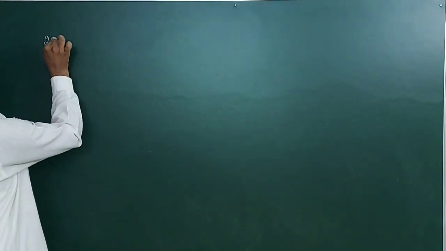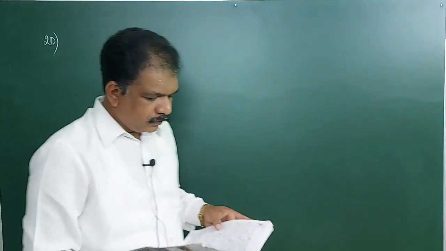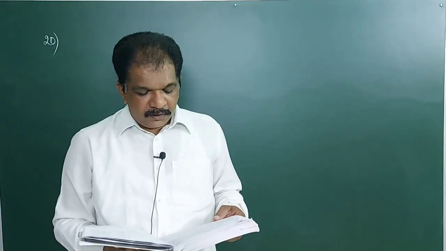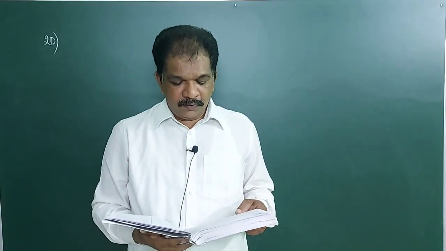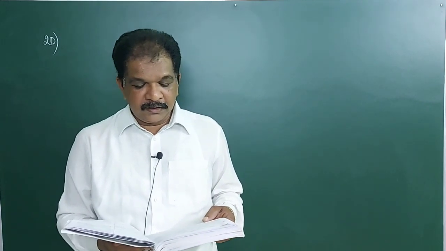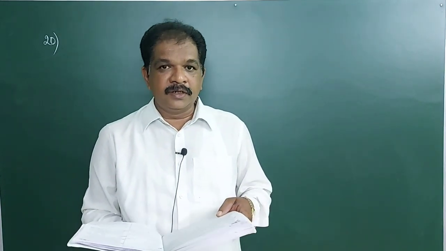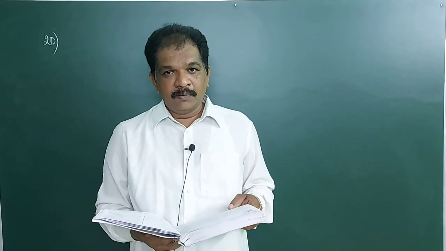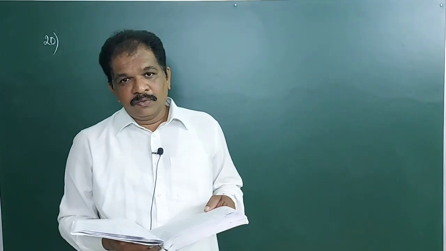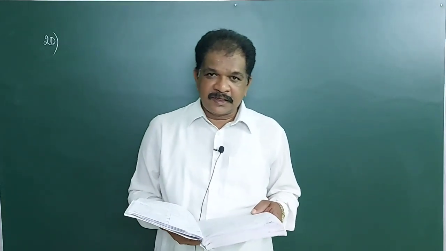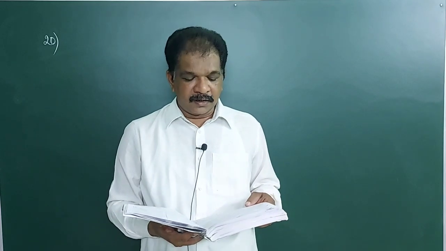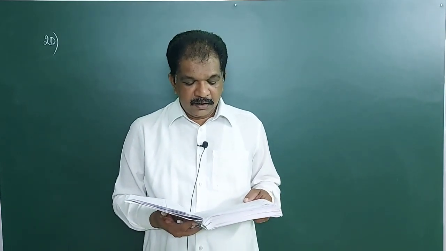What they are asking, see. Question 20 is on amplitude modulation. Actually this amplitude modulation question is related to the communication system. In both NEET and the state board they deleted that part. So no need.